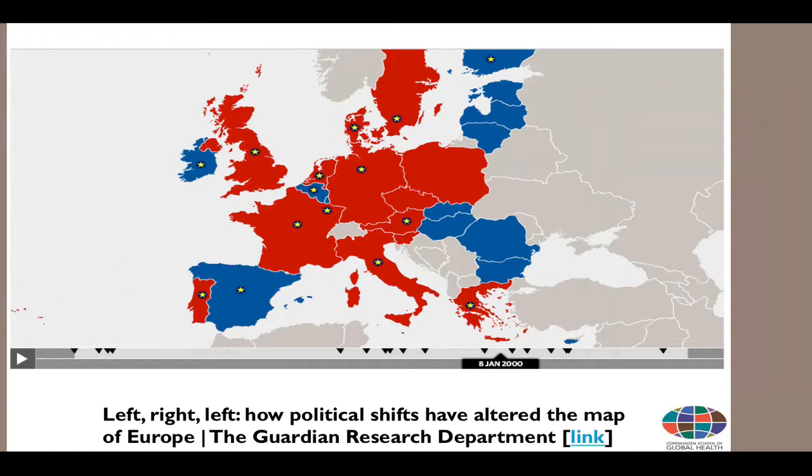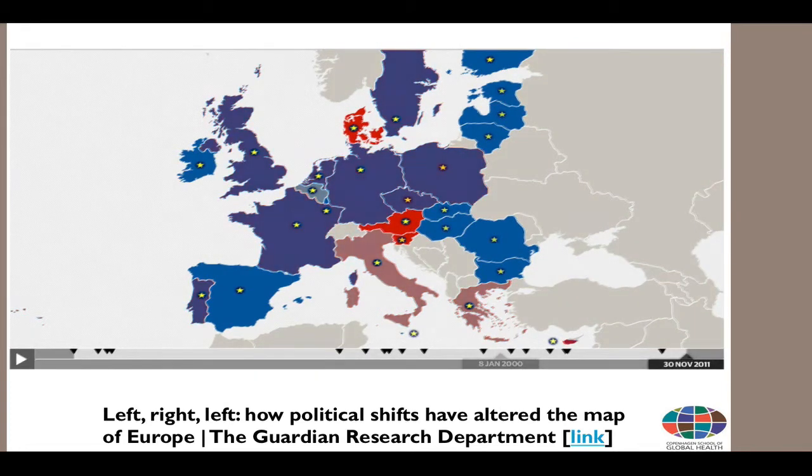And here's a funny link to the Guardian Research Department, where they mapped out the political leaning of systems in the countries across Europe at the beginning, around 2000, towards the end of 2011, where you see the color red symbolizing the more social democratic governments having almost all turned into blue, the more conservative ones.